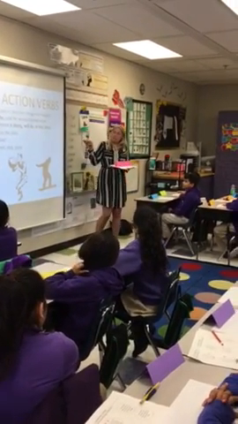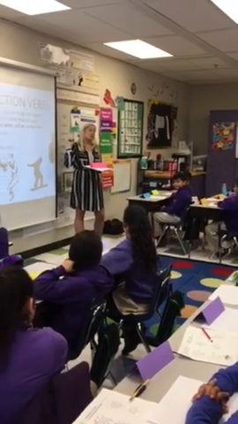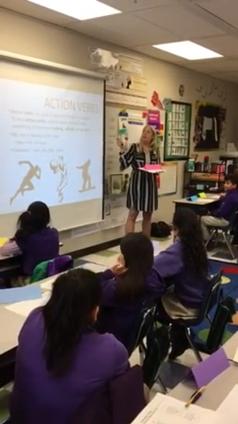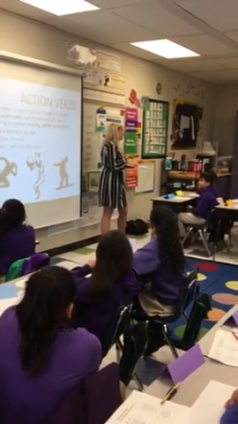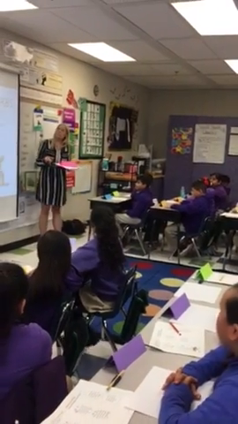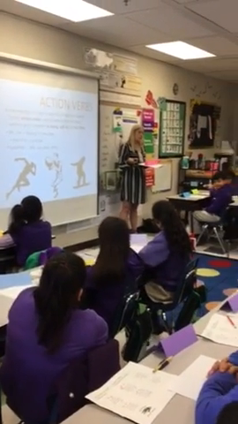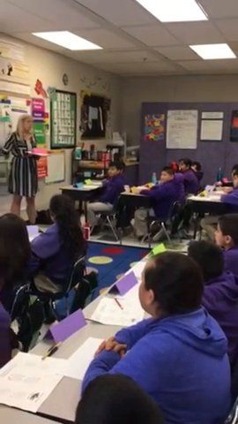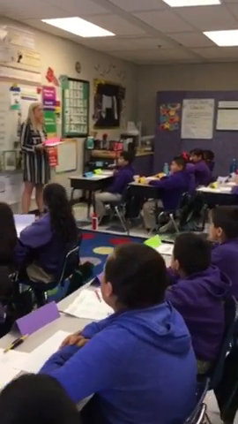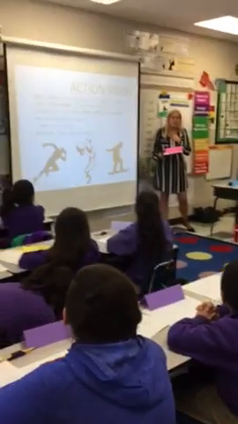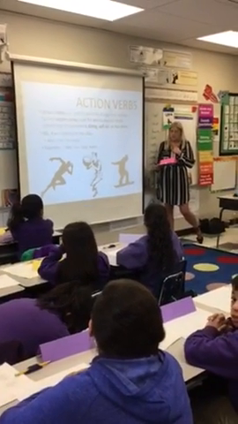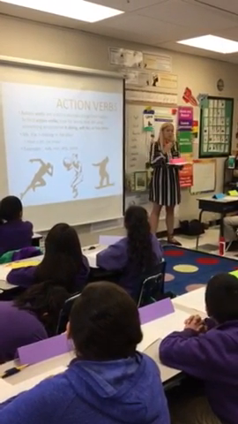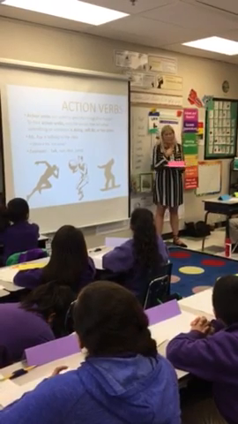Action verbs are used to describe things that happen. To find action verbs, we're going to look for words that tell what something or someone is doing, will do, or has done. So my first example: Miss Fox is talking to the fence.